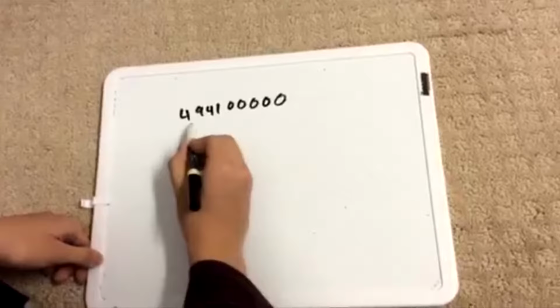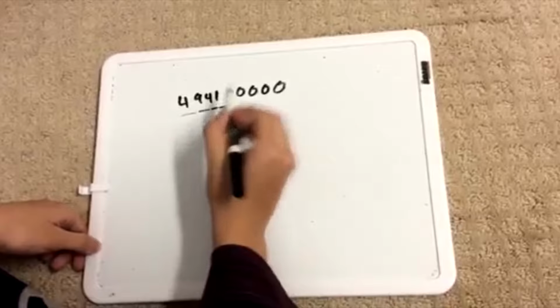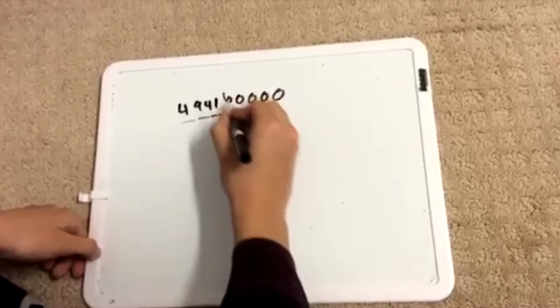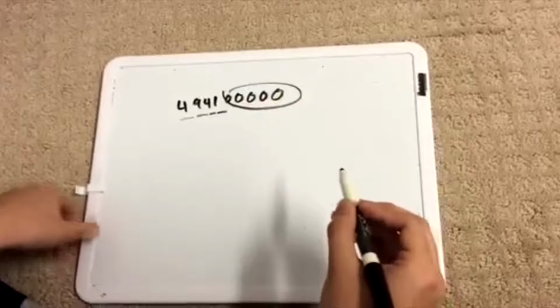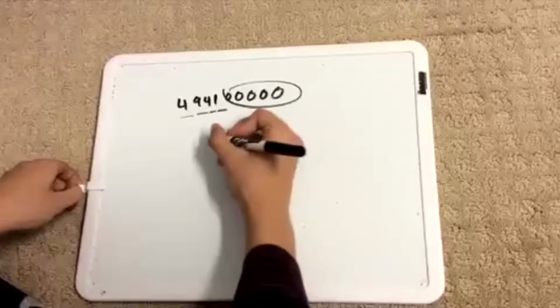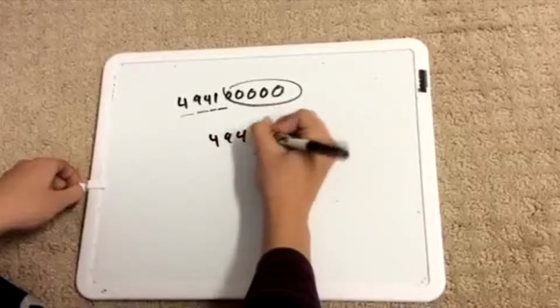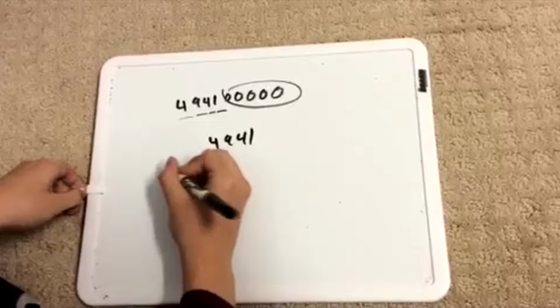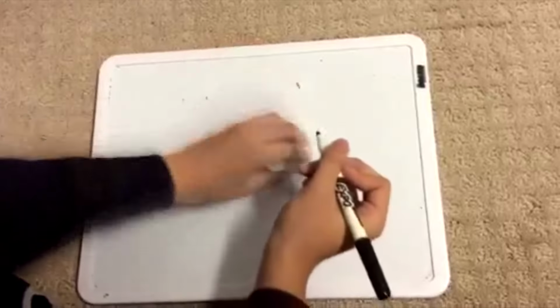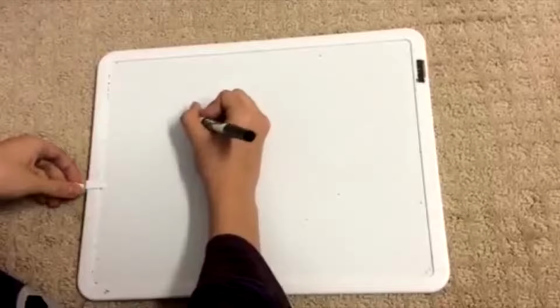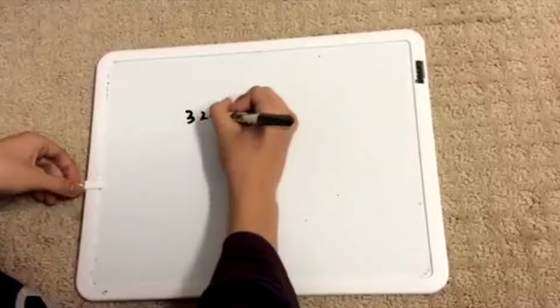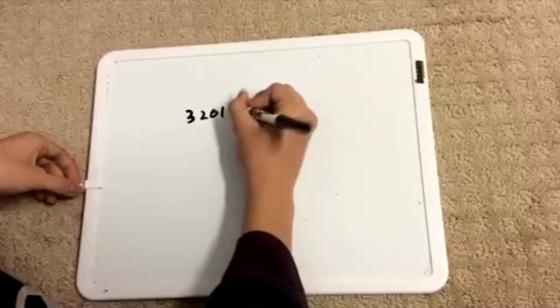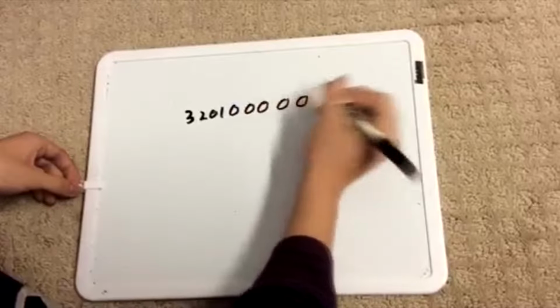this. There are only 4 significant figures, excluding all these zeros right here. So the number would be only 4, 9, 4, 1. Now let's say there's a number like 3, 2, 0, 1, 0, 0, 0, 0, 0.